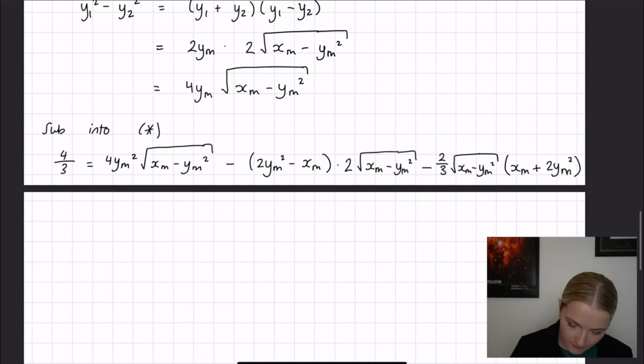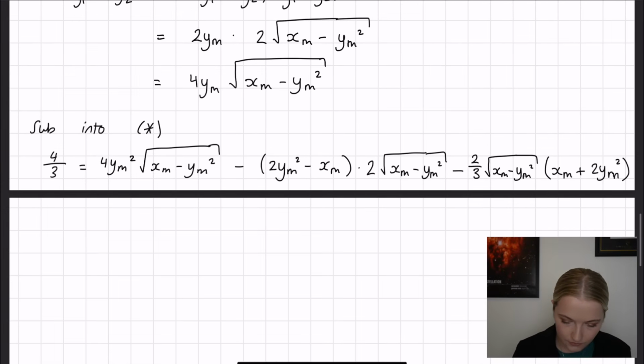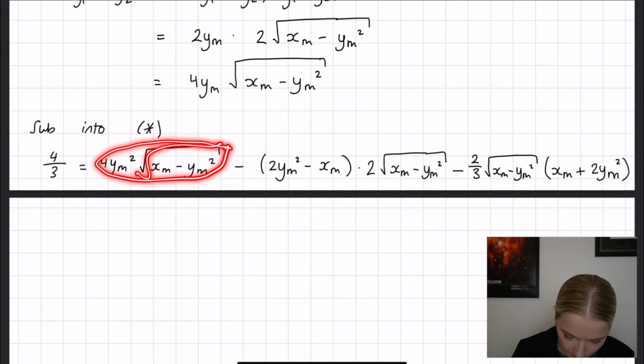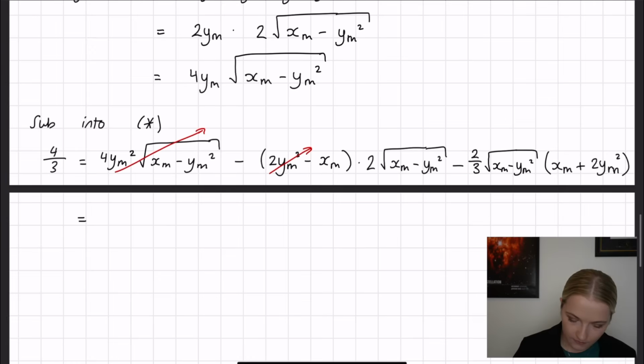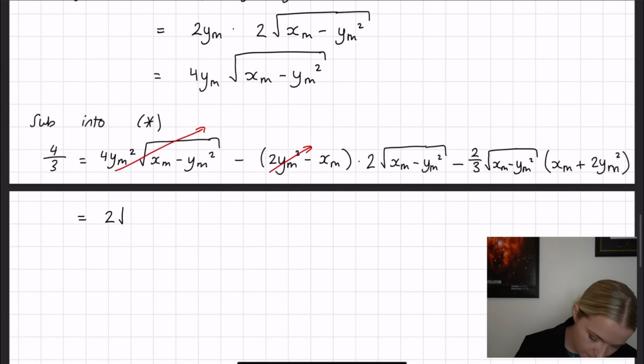Okay. Now let's look at this and see if anything cancels. So we have 4ym squared, we have this term here multiplied by the square root. Well, we also have that here, so those would cancel. So this would cancel with this, and then we'd be left with, let's pull out the 2 xm minus ym squared.